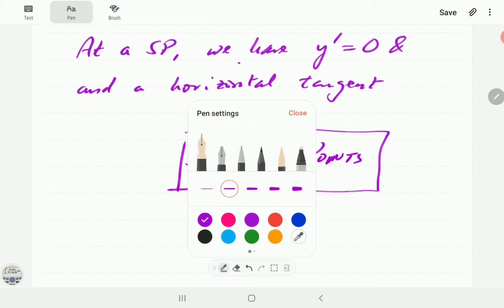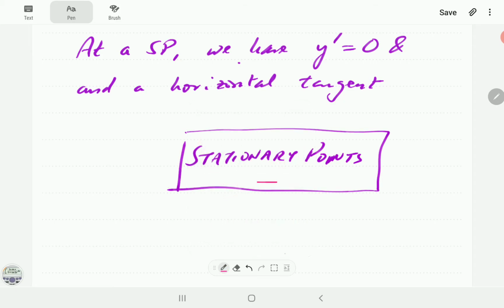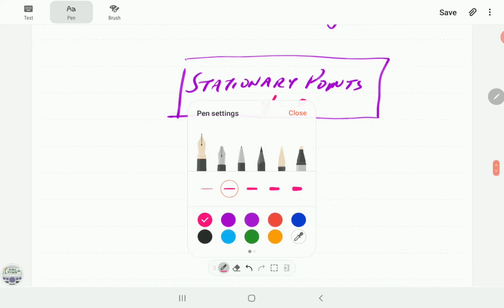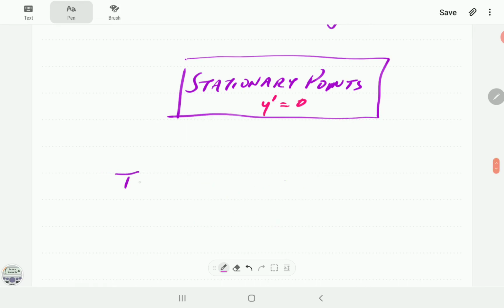We have just said if a point is a stationary point, y prime is 0 for all these ones. Now stationary points can be classified into either what we call turning points, or the other possibility is a stationary point can be what we call an inflection point.